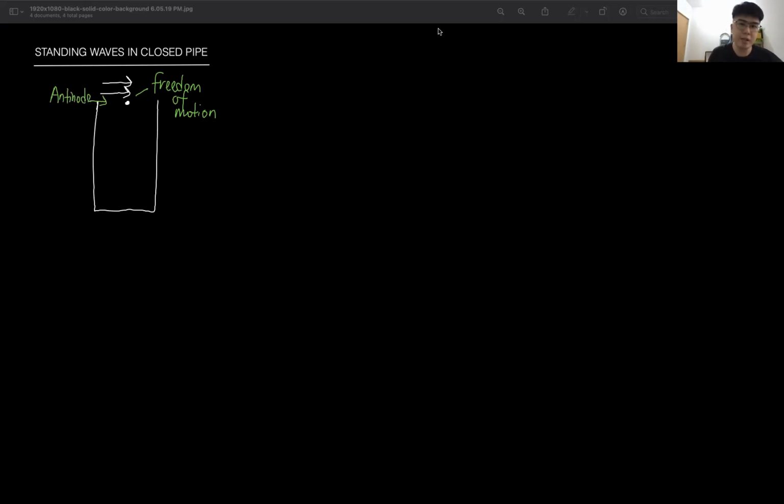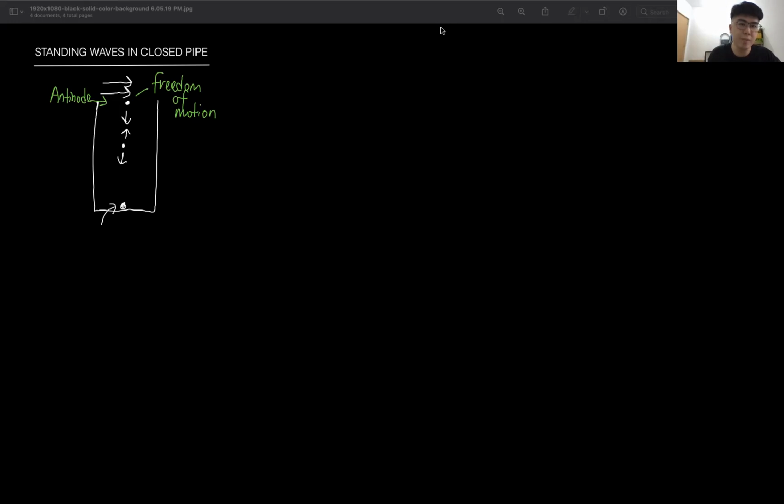And the particles at the other end, the closed end, vibrate left and right like this. And then the particle here, as it tries to vibrate, will hit the wall and is not able to vibrate. So it will stay stationary here.